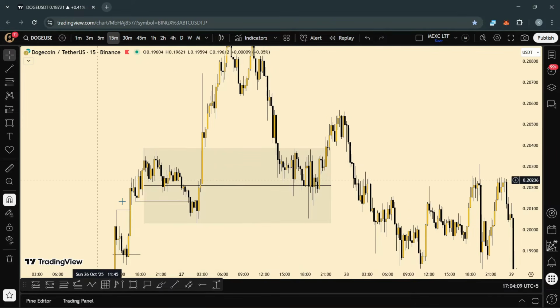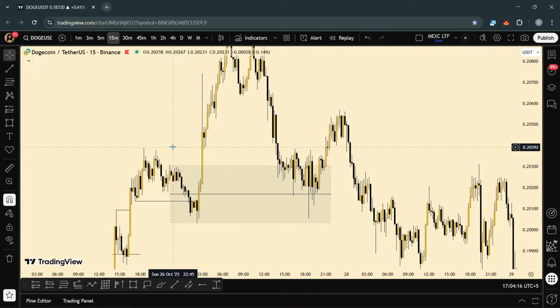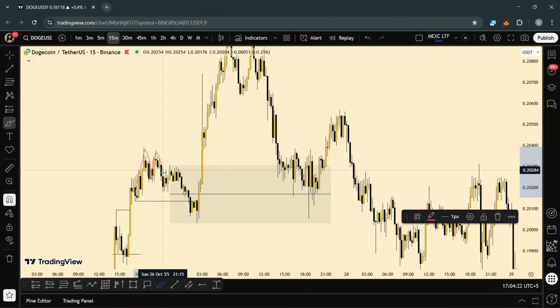Now, sometimes you have to sift through it as well, because there is also this zone. Looking at the market structure, you can see that this was a high, this was a low, this was a lower high, this was a lower low, this was the lower high that is responsible.